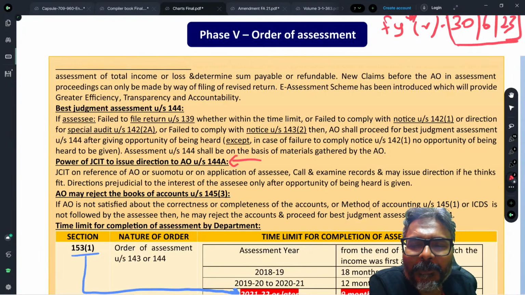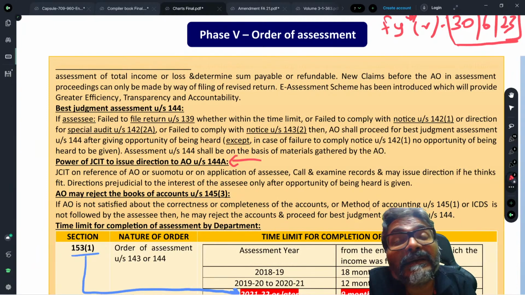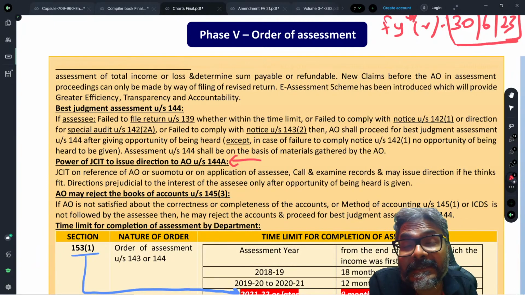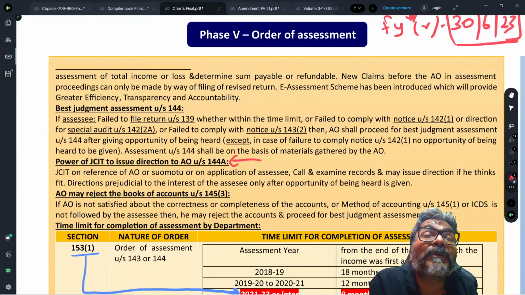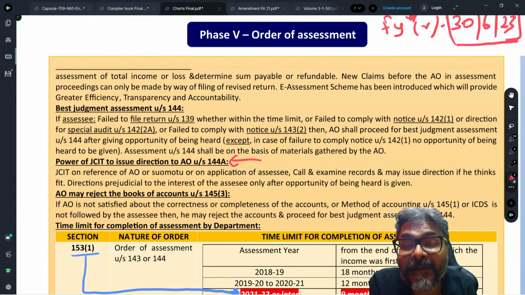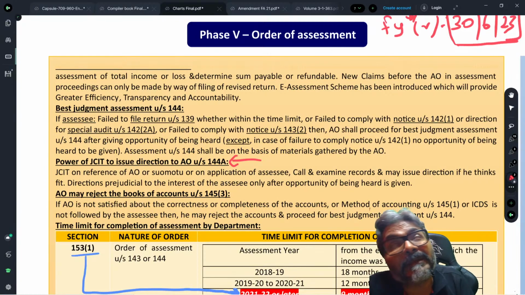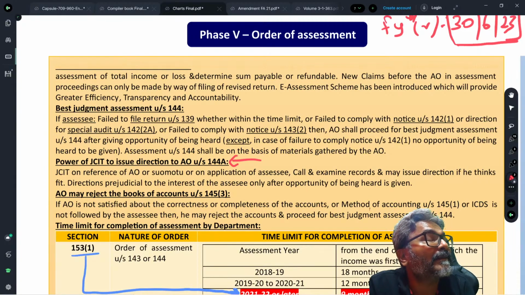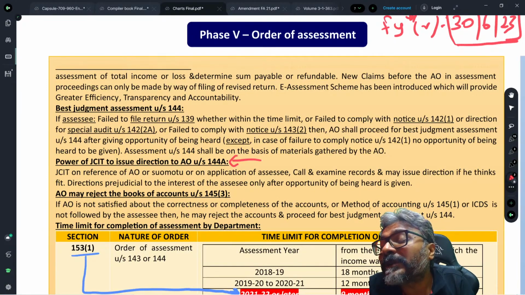Second, students, even the assessee can make an application to the JCIT and request him to intervene in his assessment and give direction to the AO so that the AO can do some meaningful exercise.